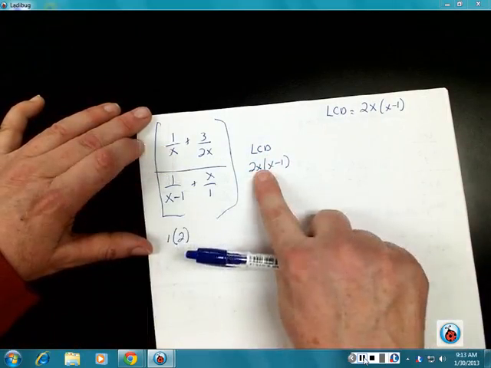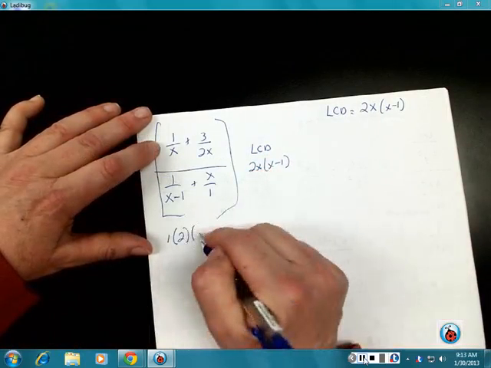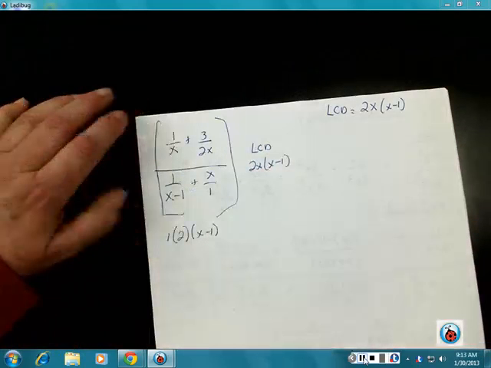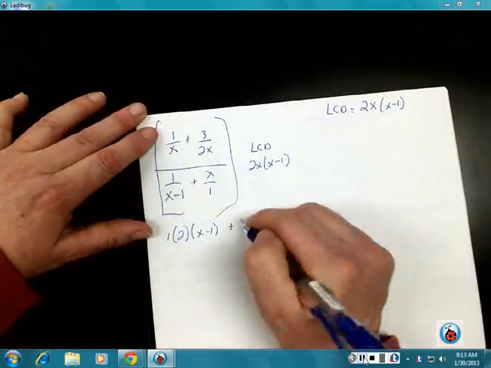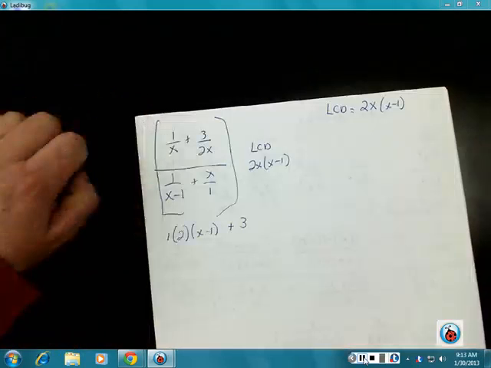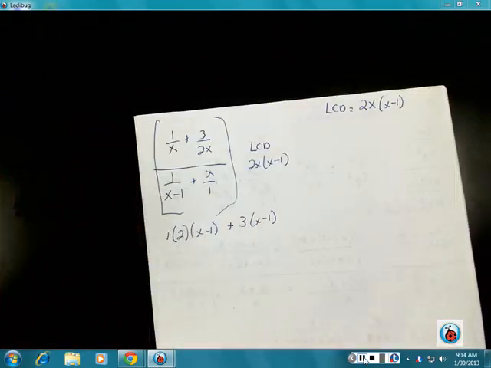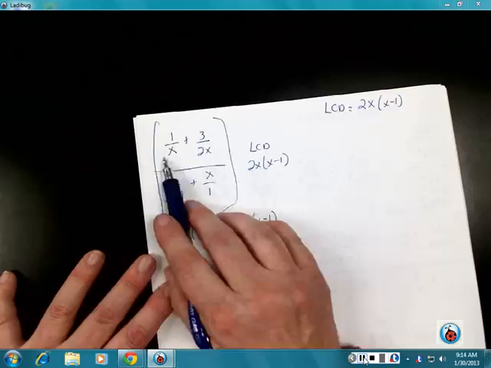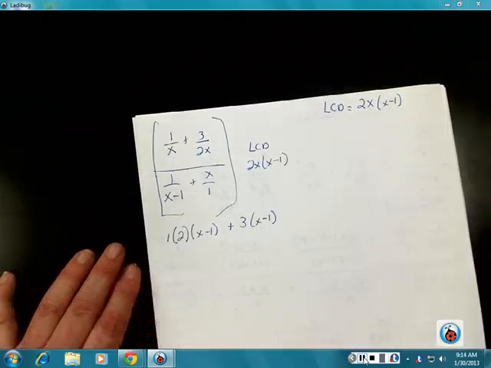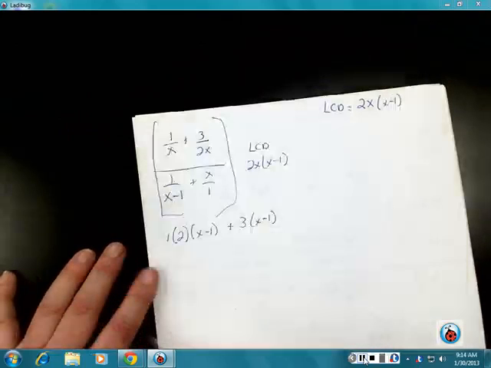And what else? Yep. What will the 3 get multiplied by? Now again, it removed the denominators. It got rid of this piece of my top value.